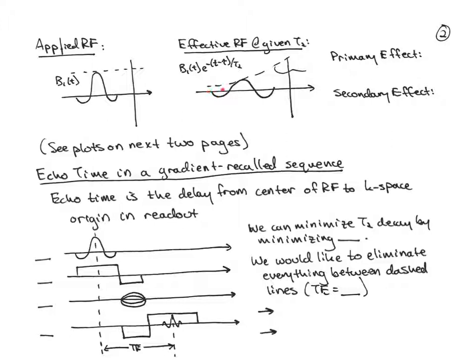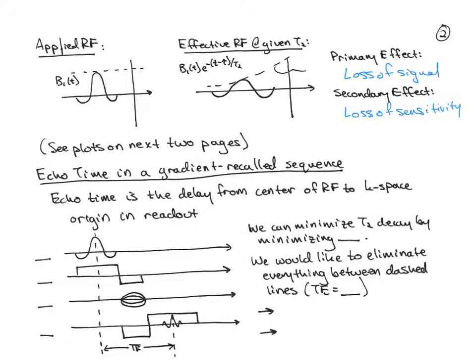So we'll have this kind of squishing of the RF pulse earlier in time that decays as you move on throughout the pulse's duration. So then the primary effect of this is loss of signal, and the secondary effect is going to be loss of sensitivity. And on the next two slides, I'll show an example of this.